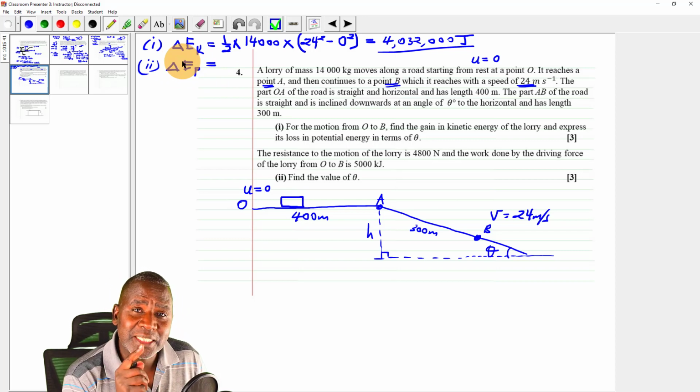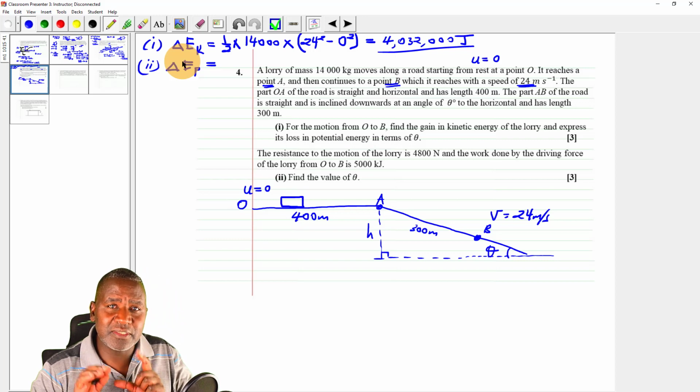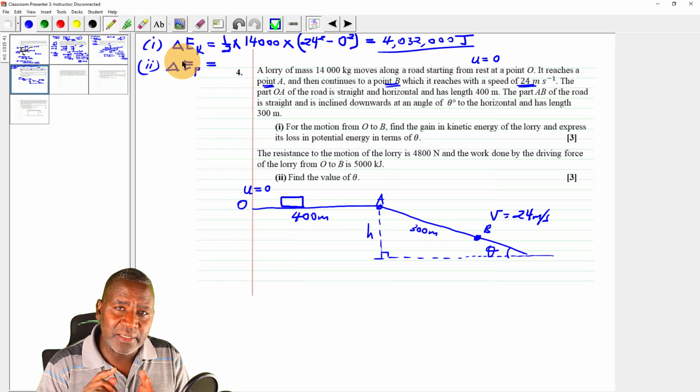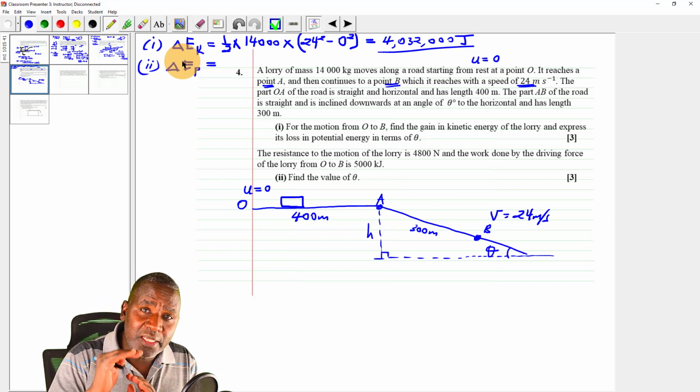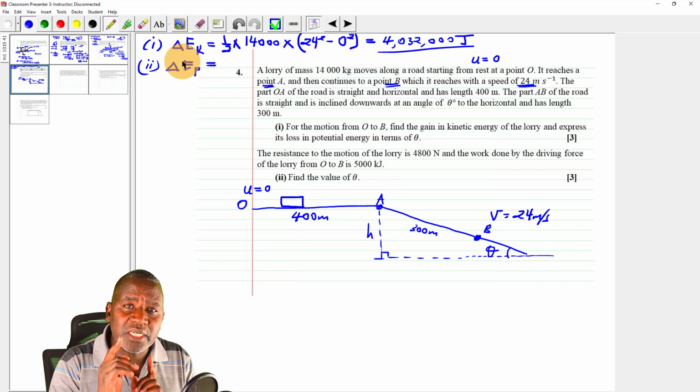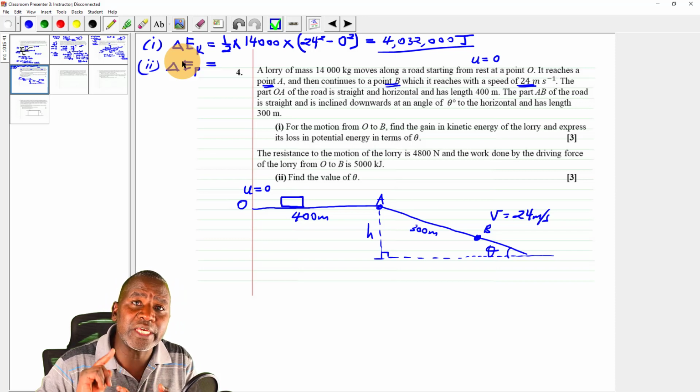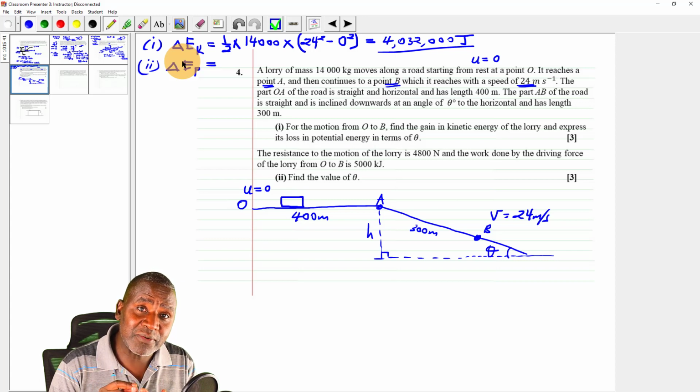I'm going to call this the gain in potential energy because there is an expression which I know must be used: work done on the lorry by external forces is equal to gain in energy of the lorry. The two external forces are usually frictional force and driving force. So we need to find out the work done by these two external forces, and then the gain in kinetic and the gain in potential energy.